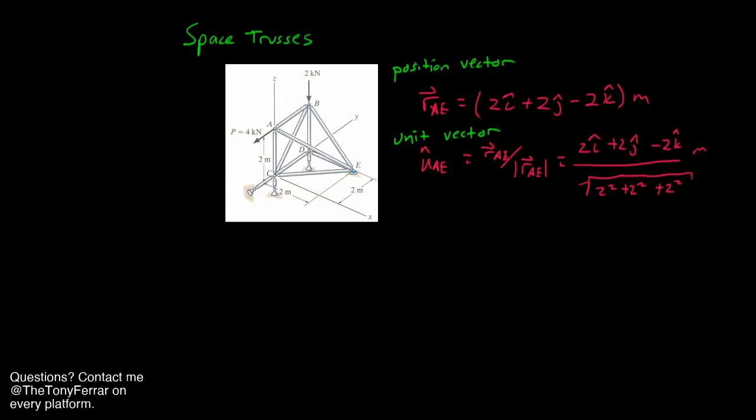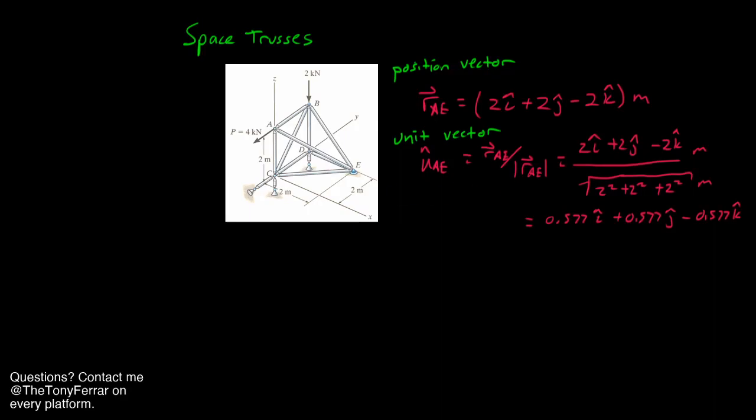And both the top and bottom are measured in meters, so they'll cancel. And we're left with 0.577 i hat plus 0.577 j hat minus 0.577 k hat.